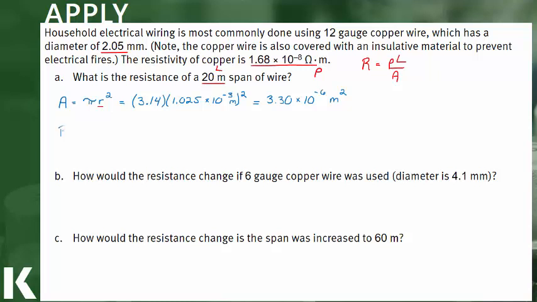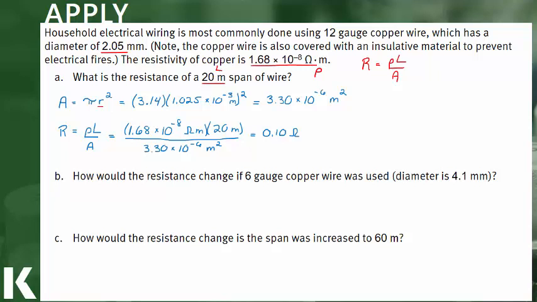And now we can plug in all of our values into the resistivity formula. We have our resistivity of the copper, we have the length of the wire, and then we have the cross-sectional area. And this would give us a total resistance of 0.1 ohms.